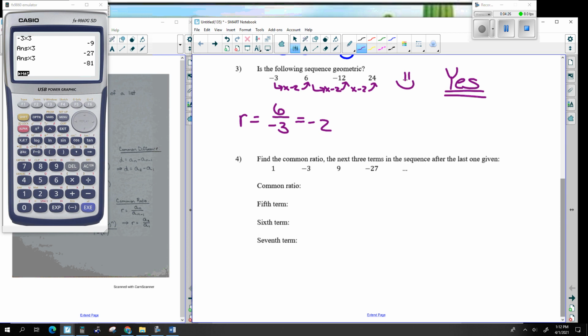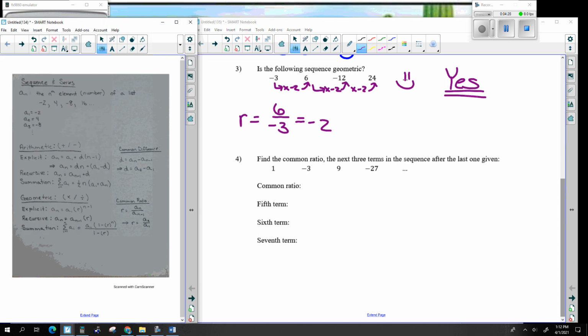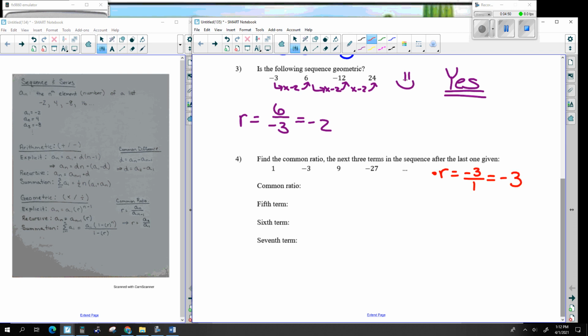Okay. Now, again, talking about the explicit formula. The explicit formula allows you to jump to whatever number that you want. All right. Actually, let's just do it this way. Let's start with the ratio that I asked. The common ratio in this case is -3 divided by 1, which is -3.